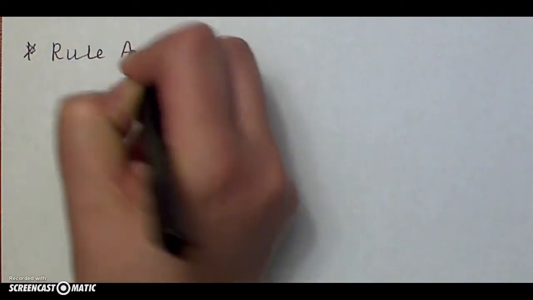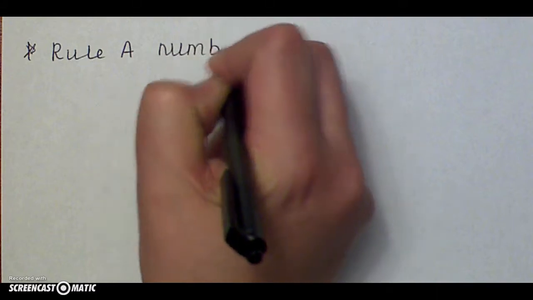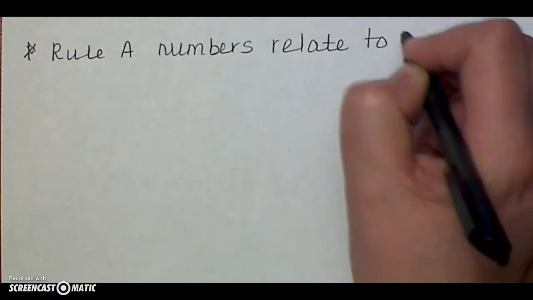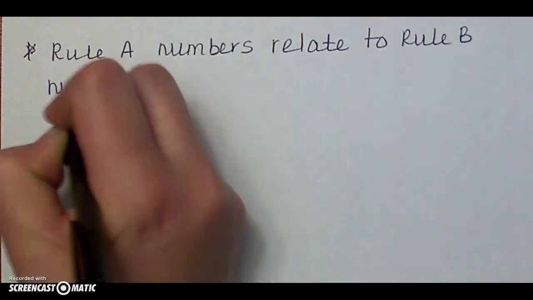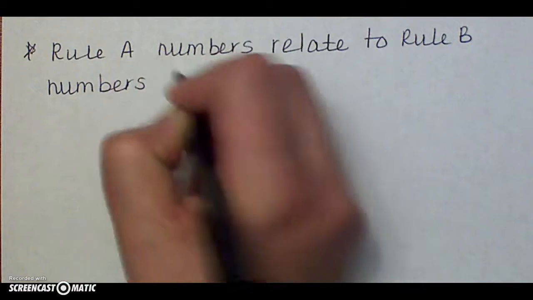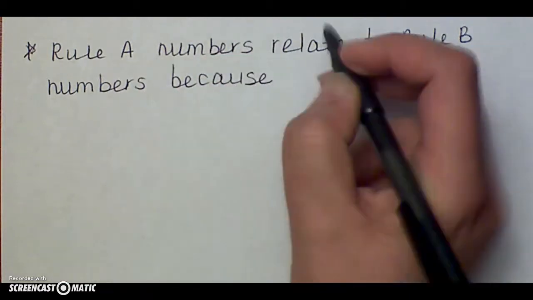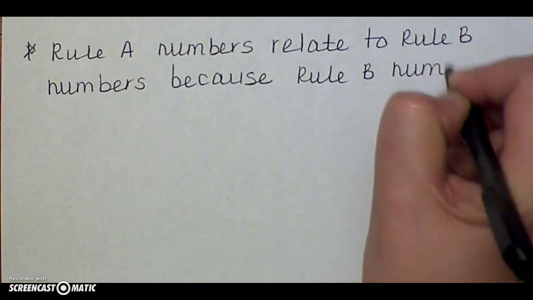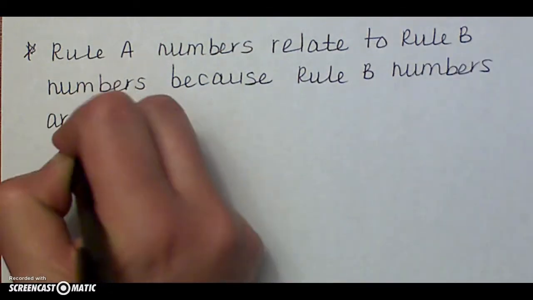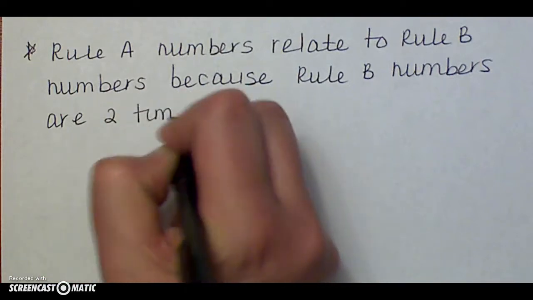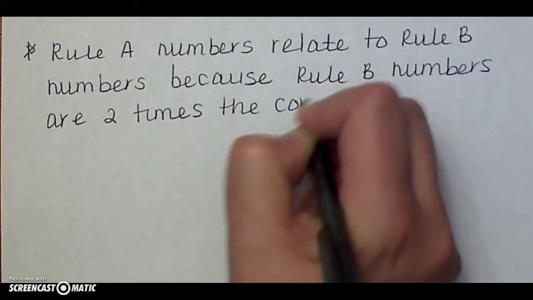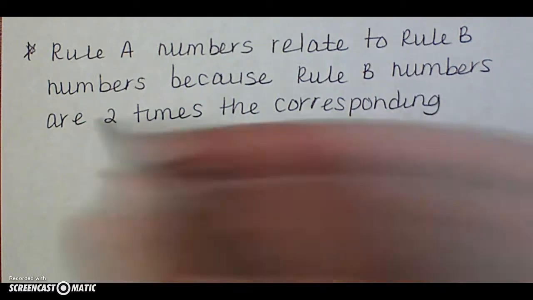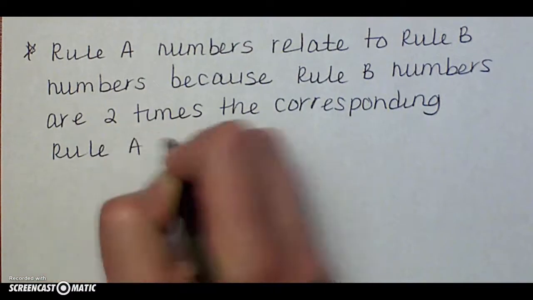Rule A numbers relate to rule B numbers because rule B numbers are 2 times the corresponding rule A number.